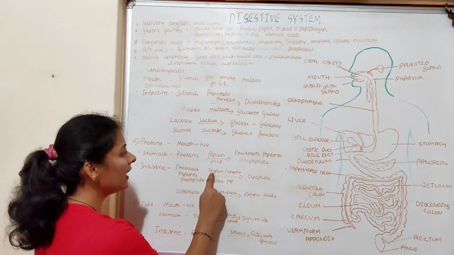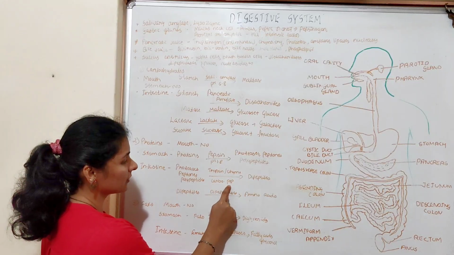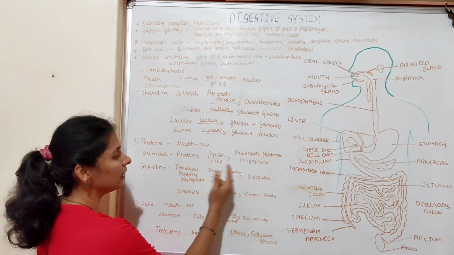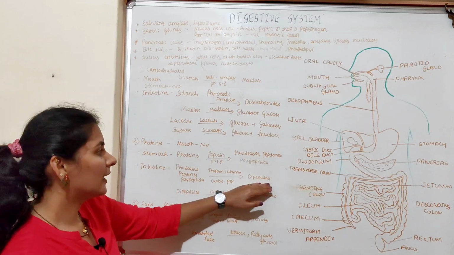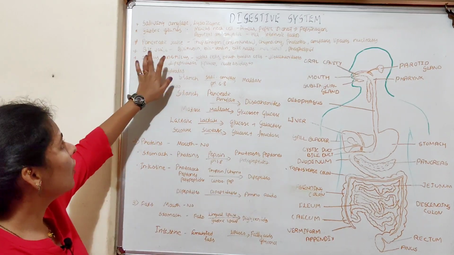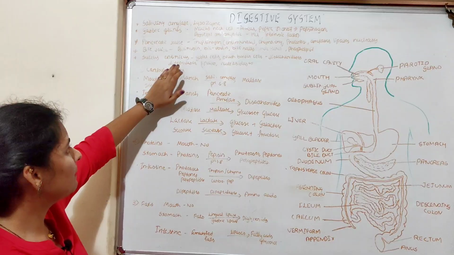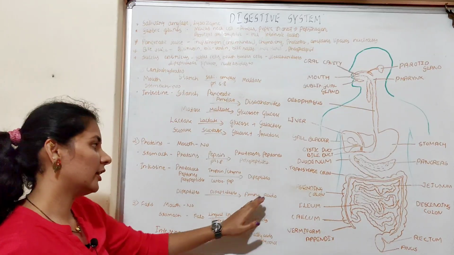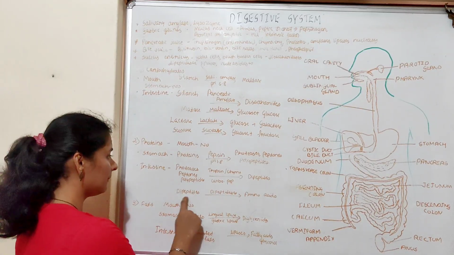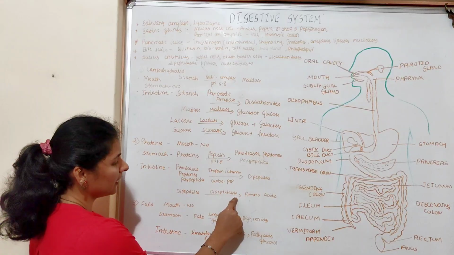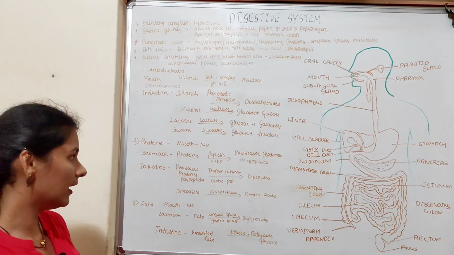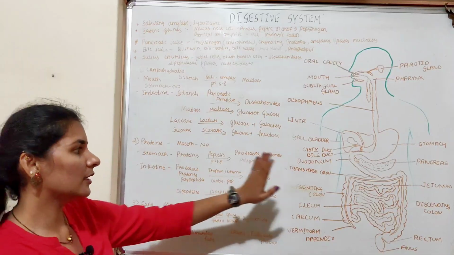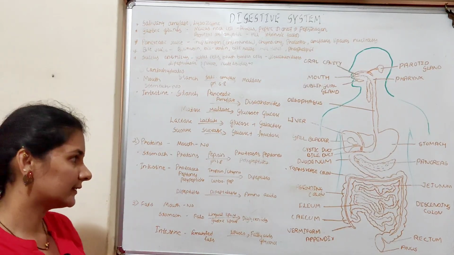It converts these into a simpler form, that is dipeptides. Later, these dipeptides are acted upon by the enzyme of succus entericus, that is dipeptidases, and converted into amino acids, the simpler soluble form. So that is about the digestion of protein in the duodenum or the small intestine.